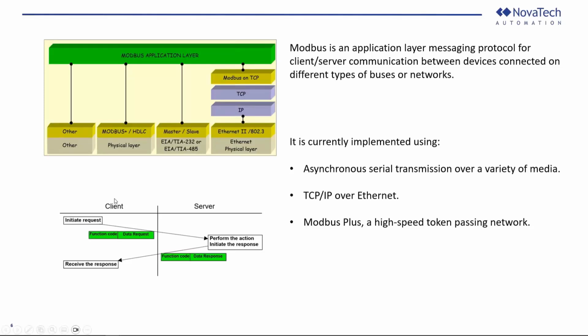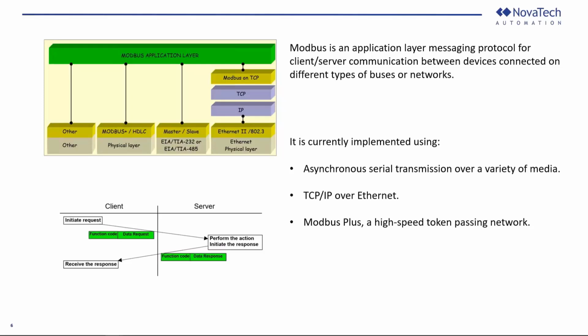It is, like I mentioned, a client-server protocol. So you initiate a request. In the request there's a function code, and we'll get into what the function codes are, and the data request. That part of the message is called a protocol data unit, a PDU. That PDU then goes to the server.